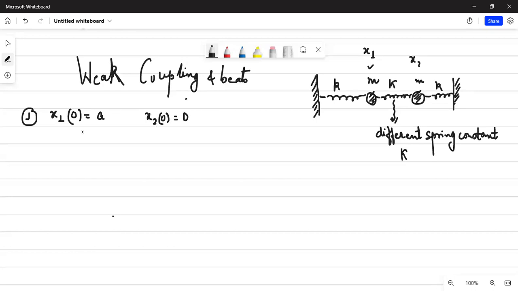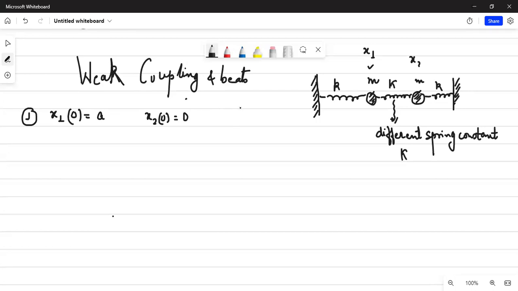Another case can be to keep this particular mass at rest and pull this one here. The answer would come out functionally the same, but we'll do both of these cases and see how x1 as a function of t would behave and how x2 as a function of t would behave.